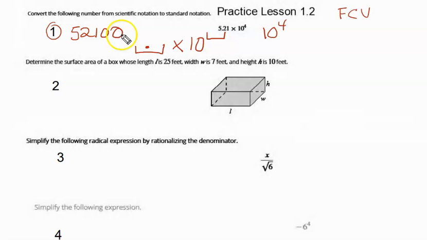To put this as a number between 1 and 10, I'm going to move it 1, 2, 3, 4. And I get now 5.21. And my exponent, since I moved it 4 places, is 4. So theoretically, you ought to be able to go back and forth.